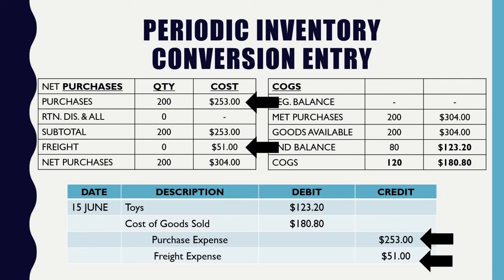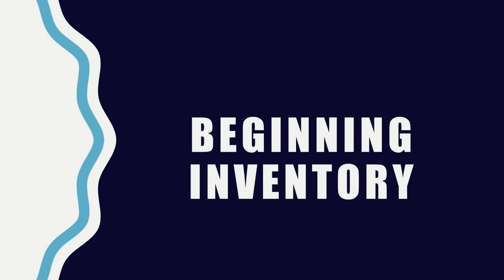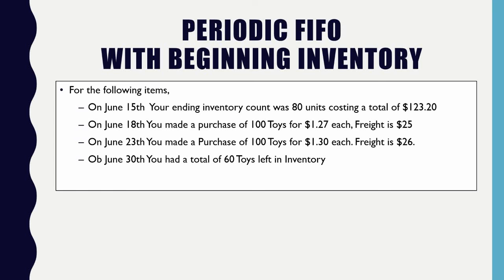Okay. So now that this situation is over, we have an ending balance of $123.20 with a total of 80 units. What happens when we have this? This is where beginning inventory comes into play. When we continue on with our accounting period, we're constantly moving in a cycle.